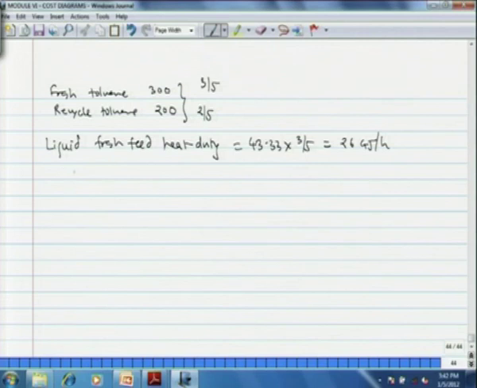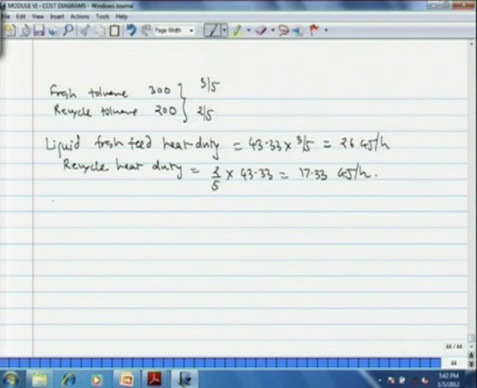Then the recycle heat duty, or the fraction of product cooling heat duty allocated to the recycle stream, is 2 by 5 into 43.33, that is 17.33 gigajoule per hour.